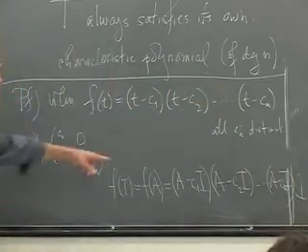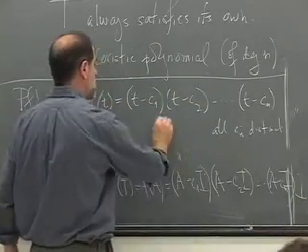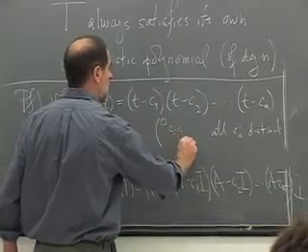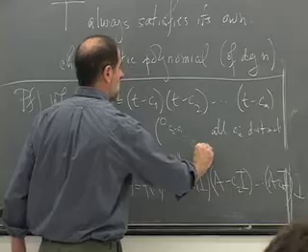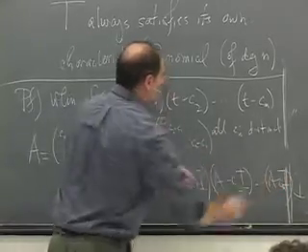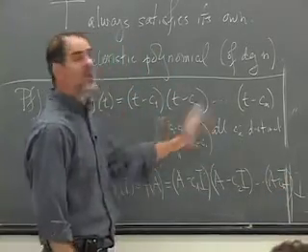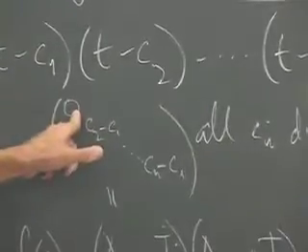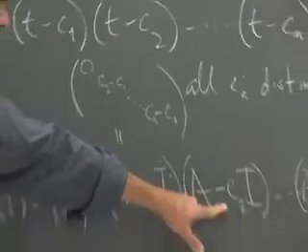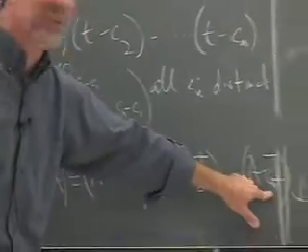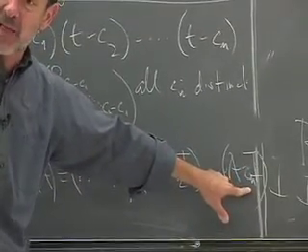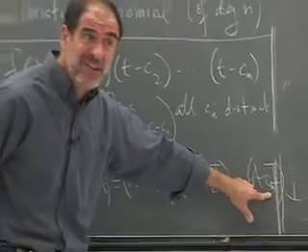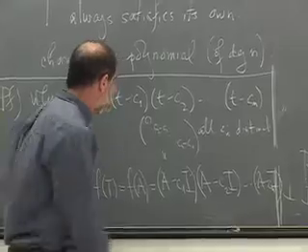And when you calculate A minus c1 times the identity, you get a matrix that looks like this: 0, c2 minus c1, through cn minus c1. And these are all diagonal matrices, so when you multiply them, you just multiply the elements in the diagonal, so the top diagonal entry will always be 0. And this matrix will have a diagonal entry of 0 in the second place. And this matrix will have a diagonal entry of 0 in the nth place. So as long as you multiply those matrices, you're going to get a 0 everywhere in the diagonal, and that's the 0 matrix.